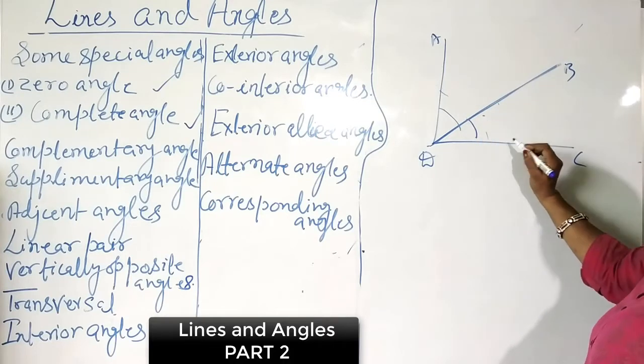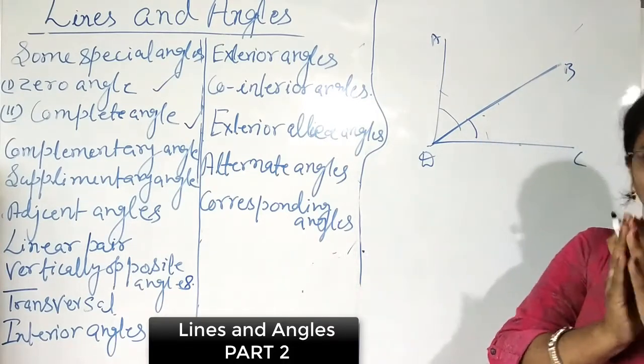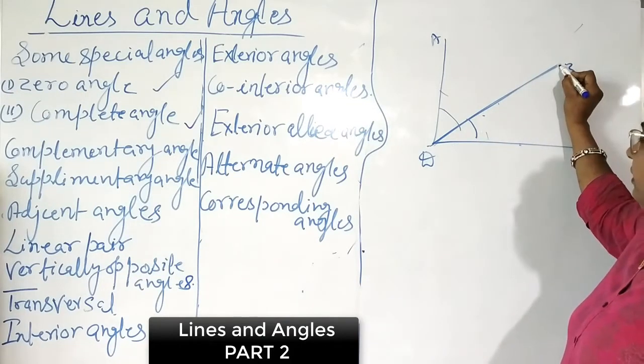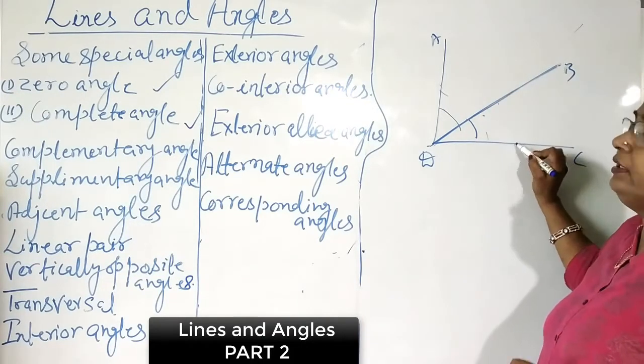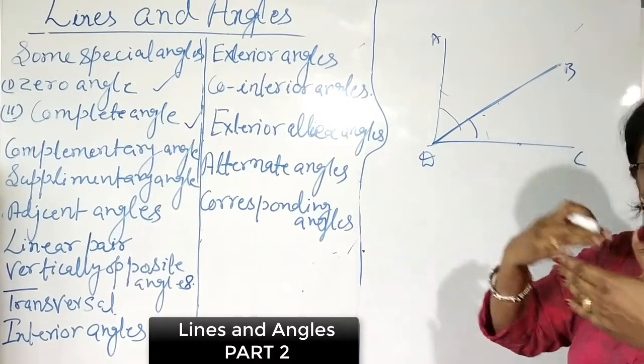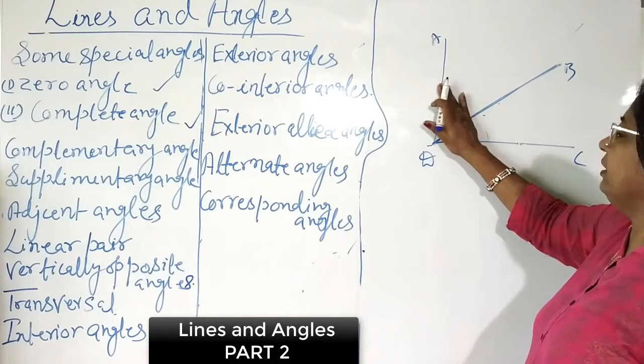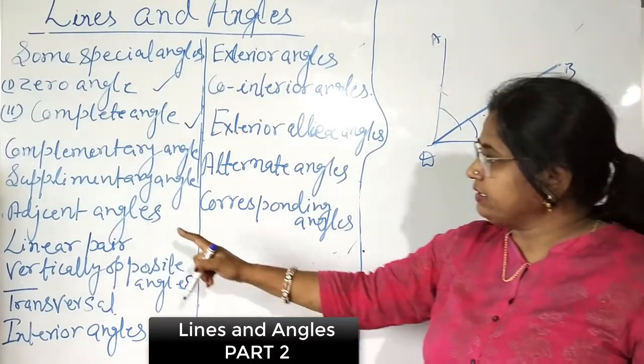One arm is common, and the other arms are opposite to each other. They do not coincide with each other. They are not on one side. They should be opposite to each other. Then it is called adjacent.